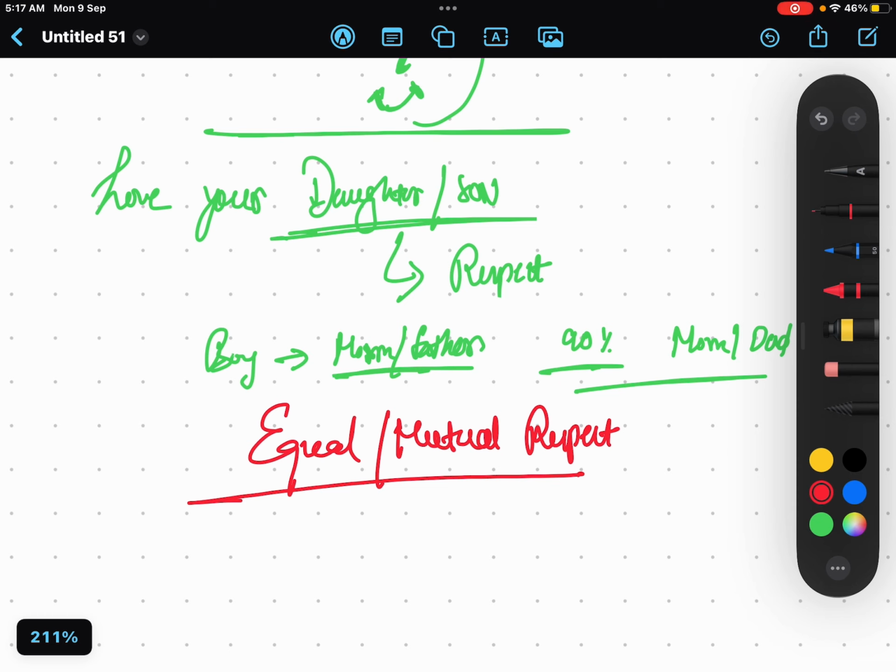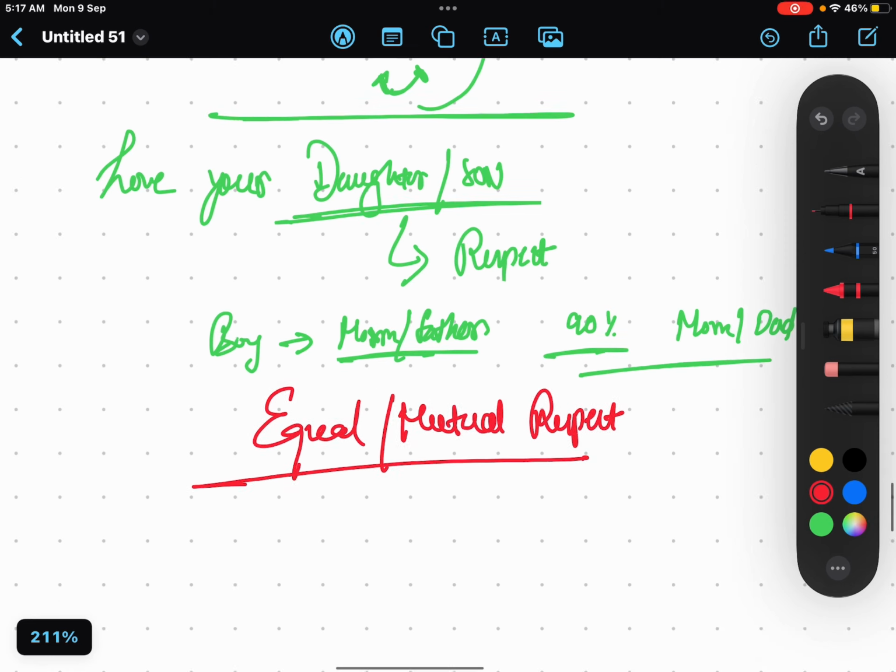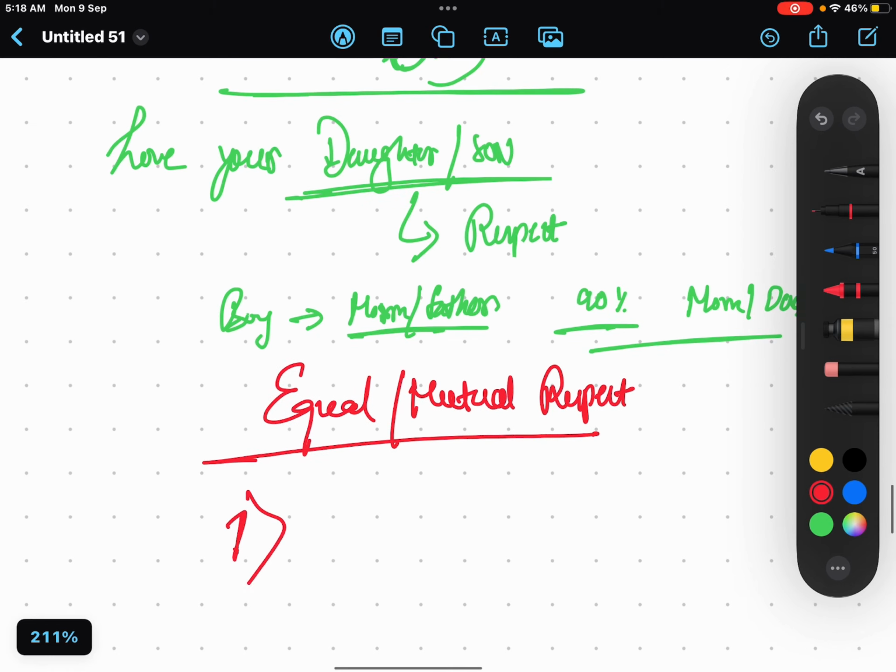Otherwise there will always be some issues. If you ask me about astrological remedies, there are lots, but number one, which my guru used to tell, is that when you get married, think about your in-laws another time. First think about your spouse's happiness.